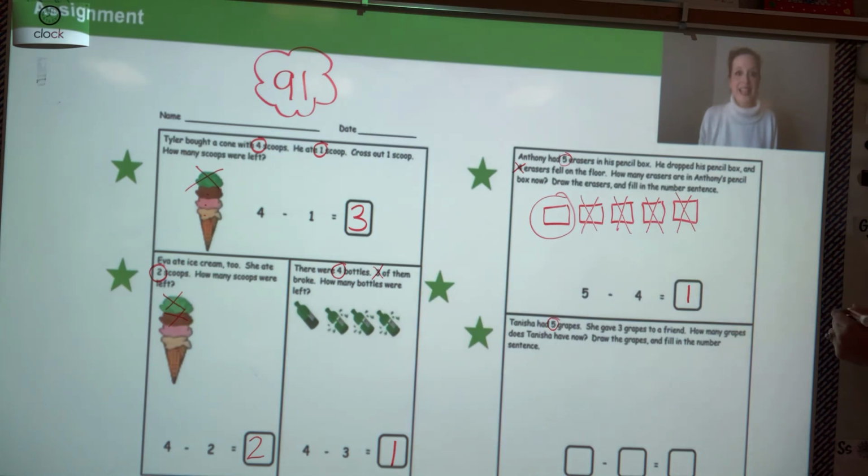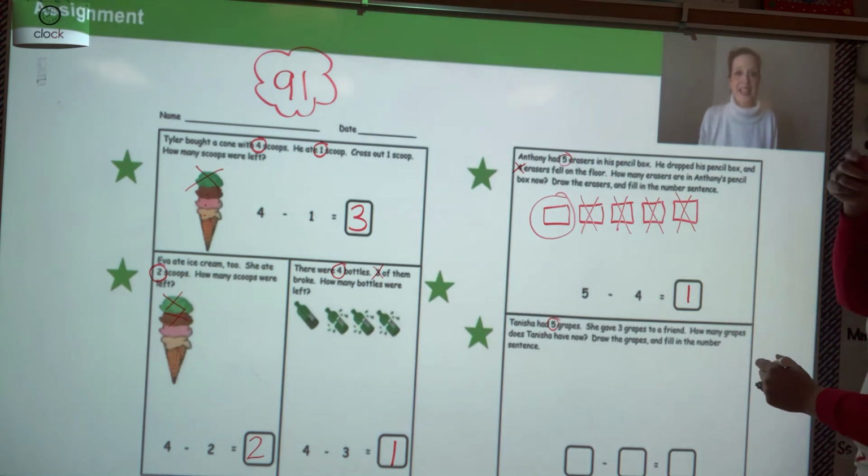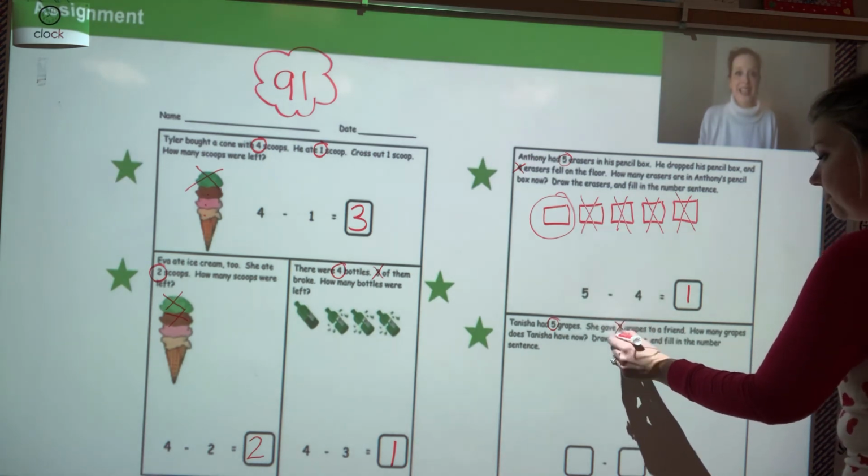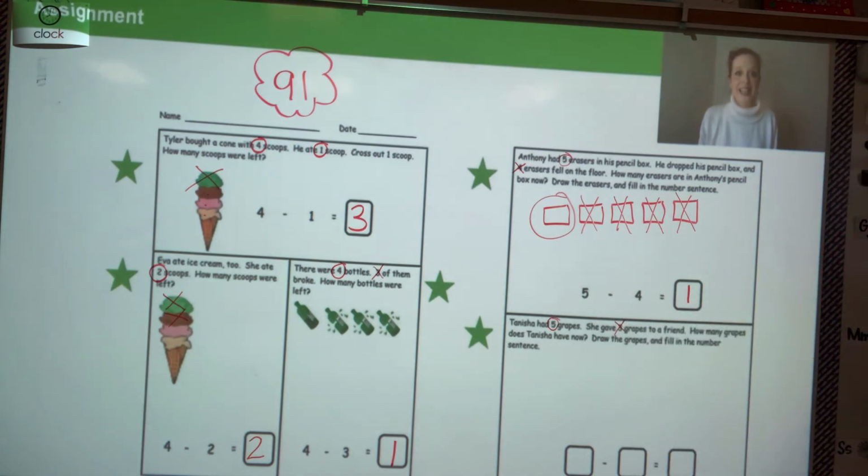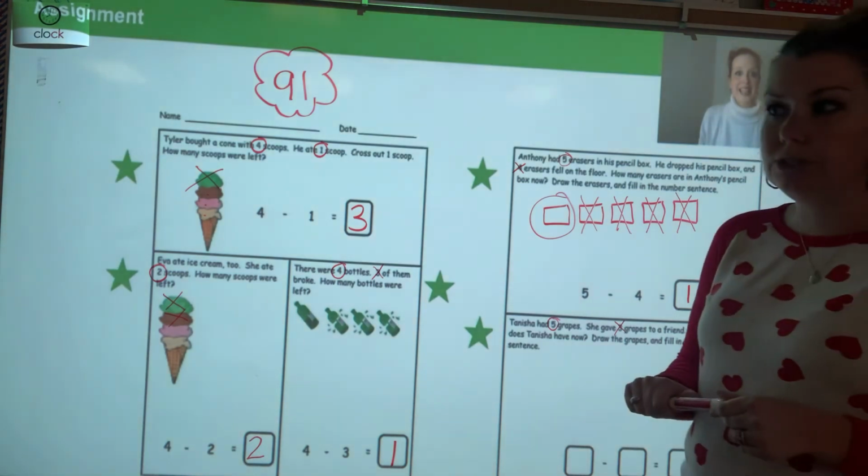How many does Tanisha have now? Okay, so she gave 3 to a friend. Draw the grapes and fill in the number sentence. Do that on your own. If you have a question, raise your hand and I will answer you.